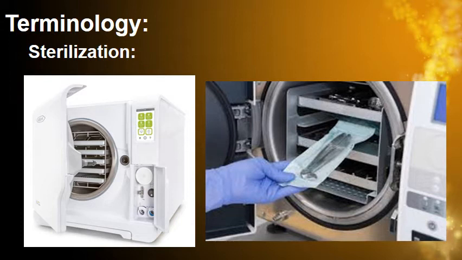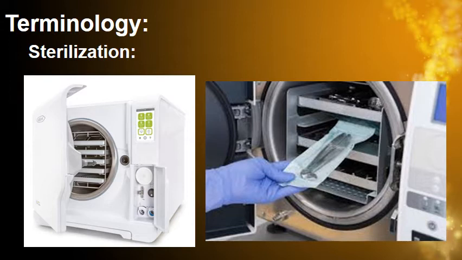In sterilization, my goal is to kill all the viruses, all the bacteria, and all the spores of the bacteria. The spores of the bacteria are the most resistant part of the bacteria. They are their survival method. They survive through creating spores.